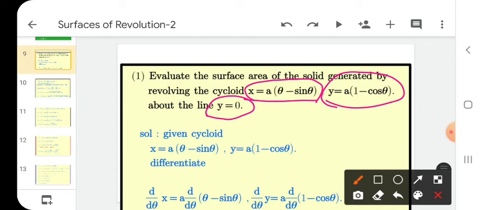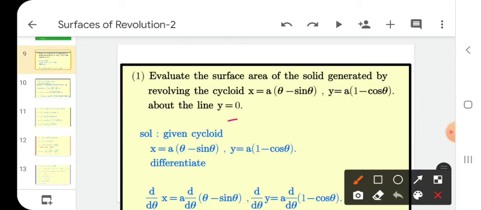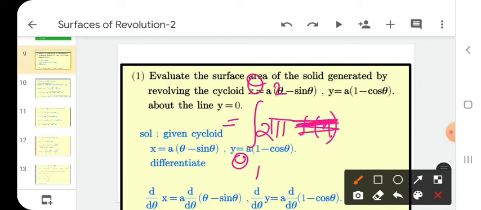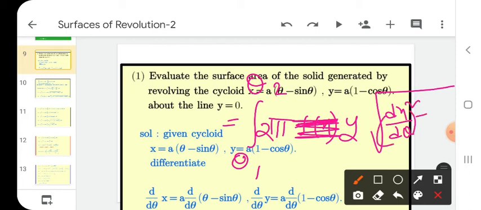Okay. Now I write the surface area formula. What is that? Integral theta 1 to theta 2, 2 pi f of x. F of x means y, so I write y. In parametric form, what is the formula? Square root of dx by d theta whole square plus dy by d theta whole square. Okay.